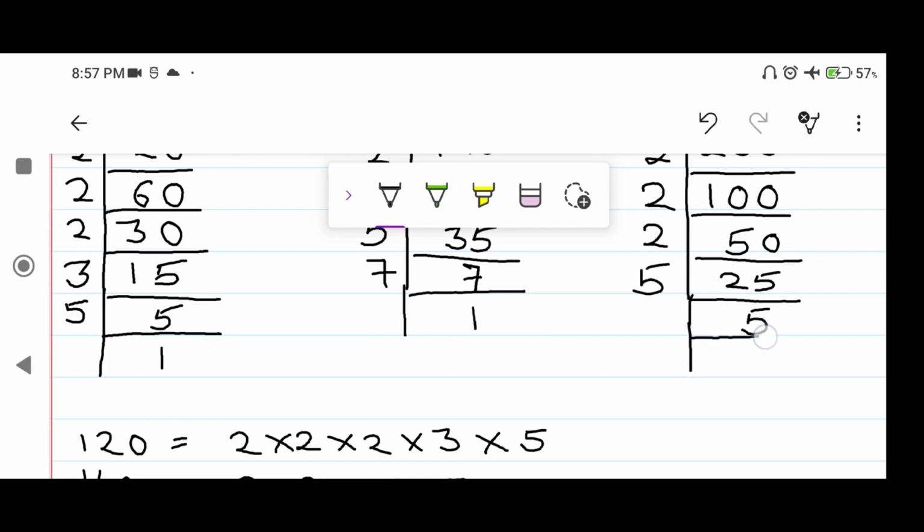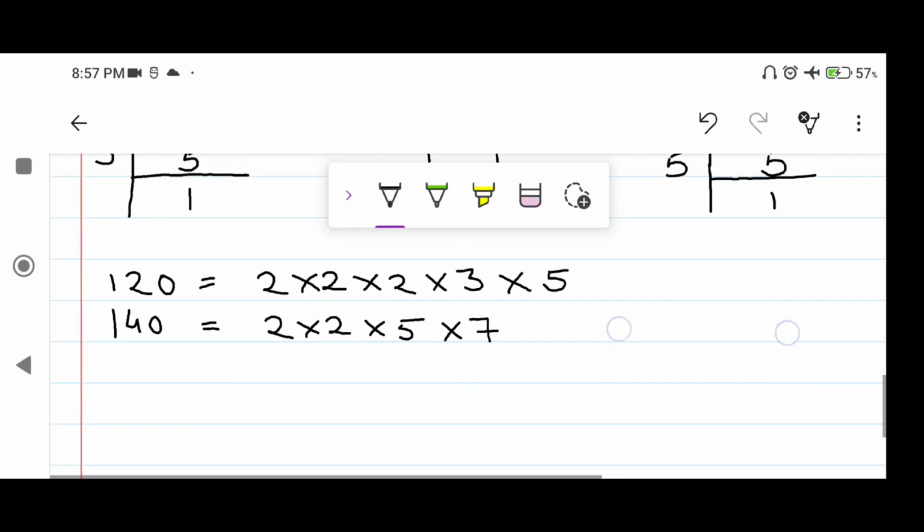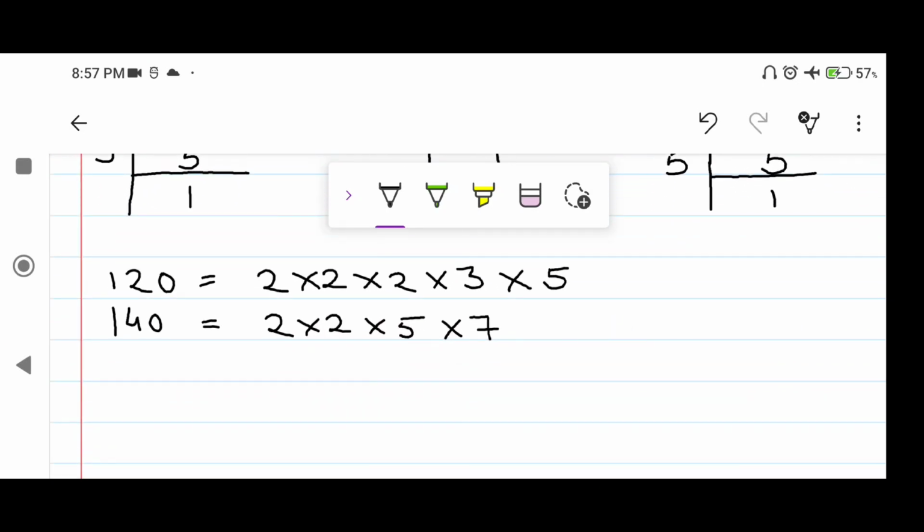Again we shall take 5. 5 ones are 5. Now let us write the factors of 200. And they are 2 into 2 into 2 into 5 into 5.